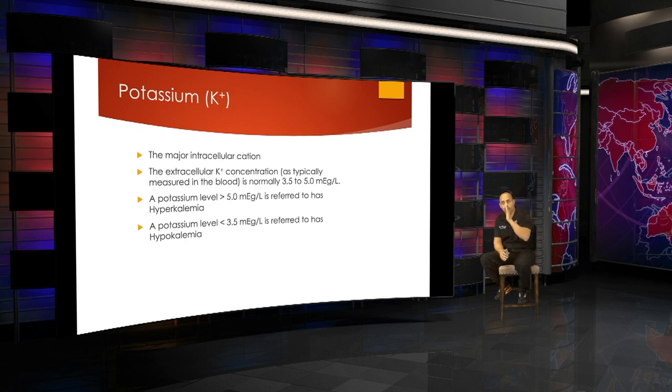Just a 0.1 shift on the scale is going to elevate my potassium by 0.5. So that's what happens when a patient is acidic. They become hyperkalemic because the acid is pushing the potassium outside of the cell into the blood serum. So that's why we want to monitor patients who are acidic for these potassium issues.